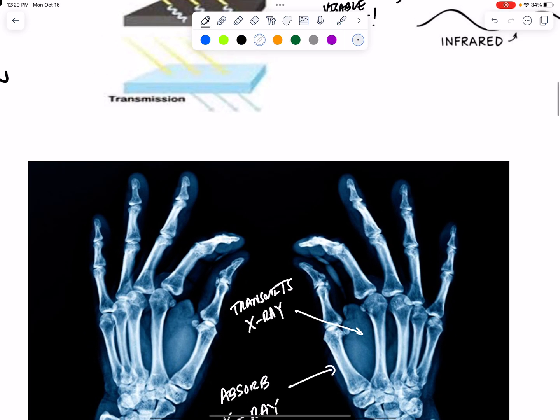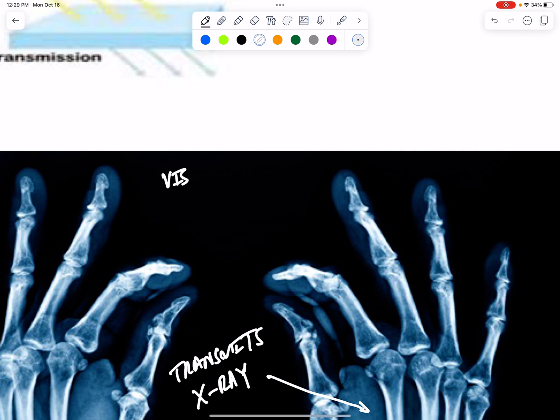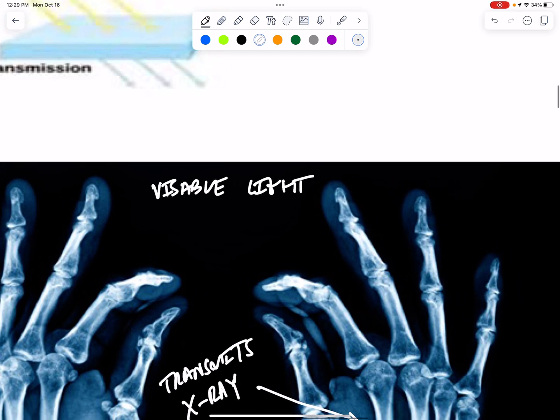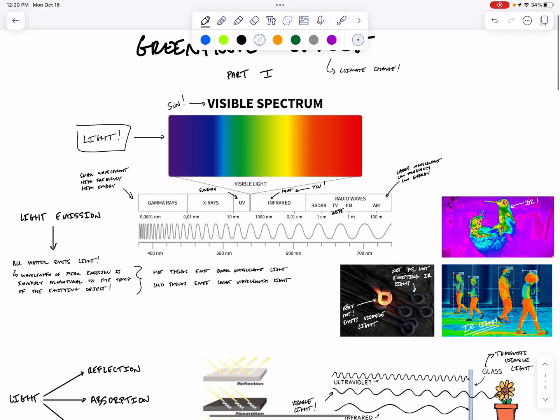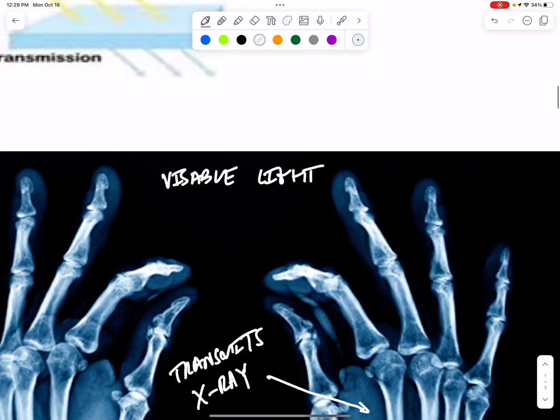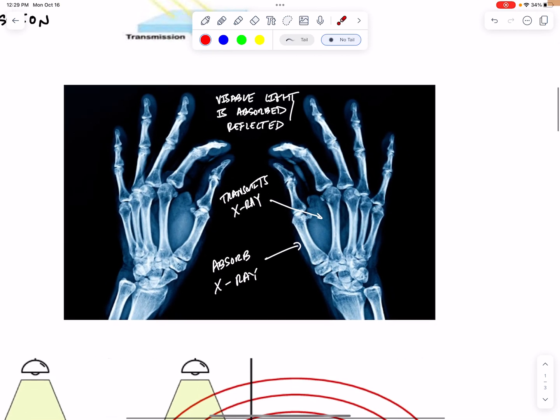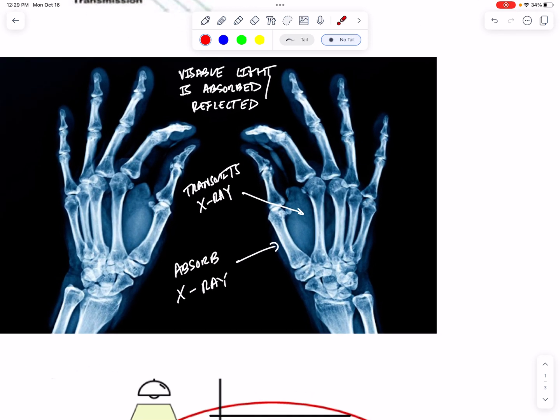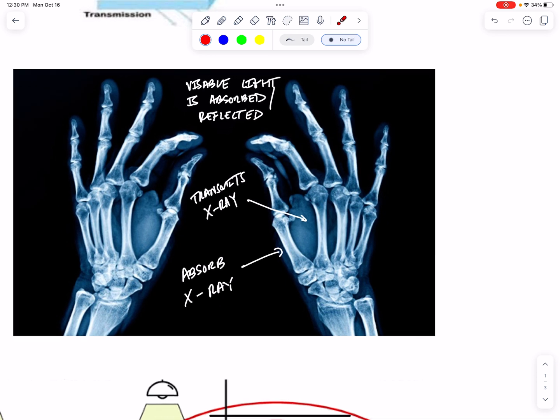So visible light is absorbed or reflected off a hand. It is not transmitted.